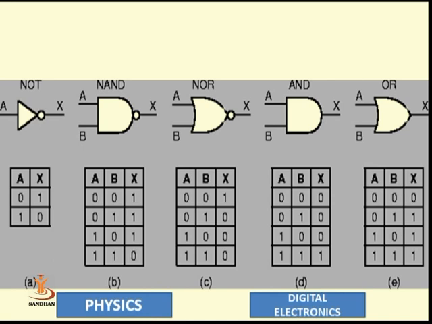NOT gate means A bar, NAND gate means A dot B whole bar, in a NOR gate A plus B whole bar, AND gate A dot B, and for OR gate just A plus B. Here we have used just two variables A and B. So such types of outputs are possible.